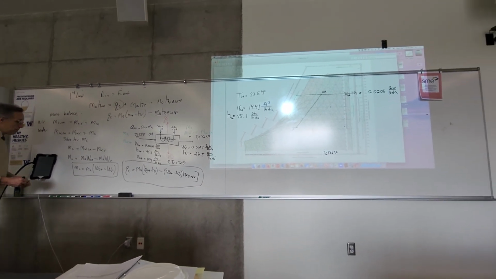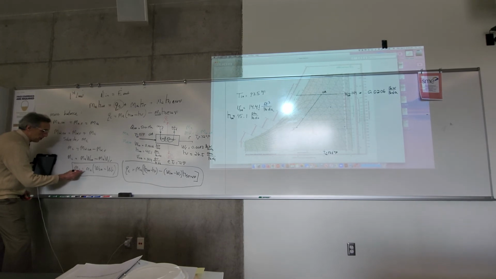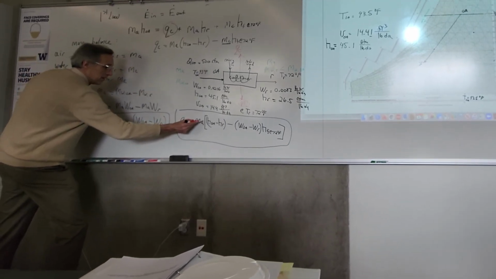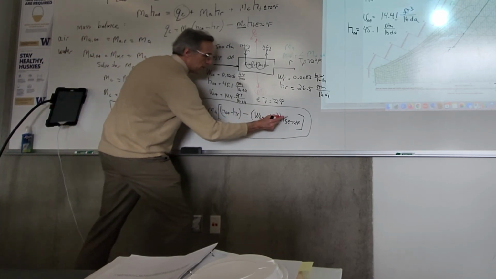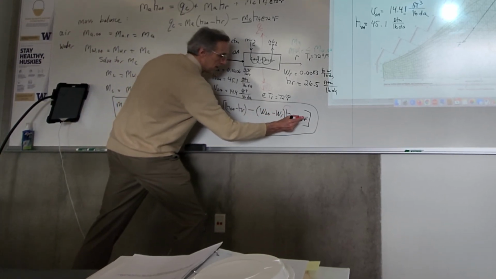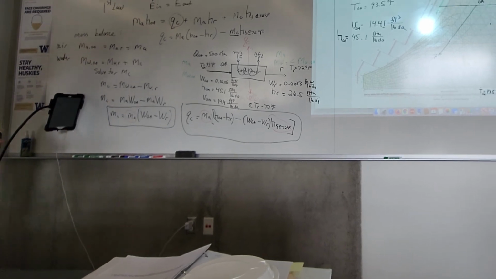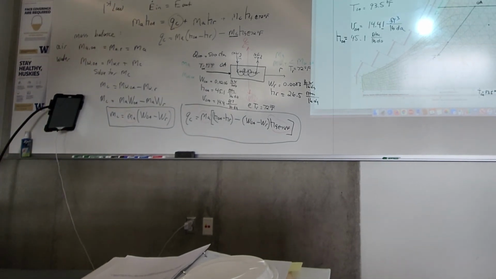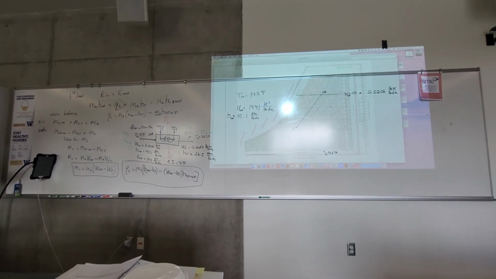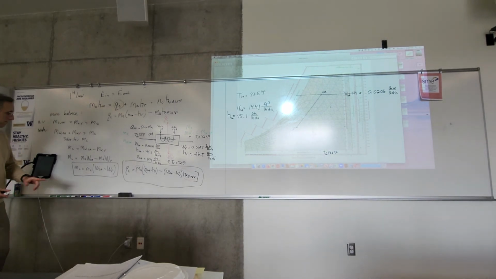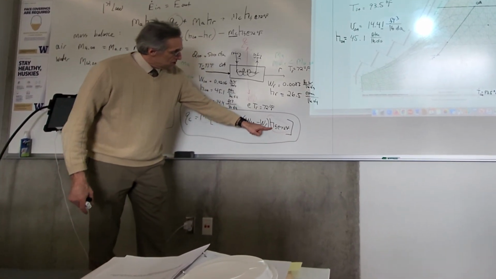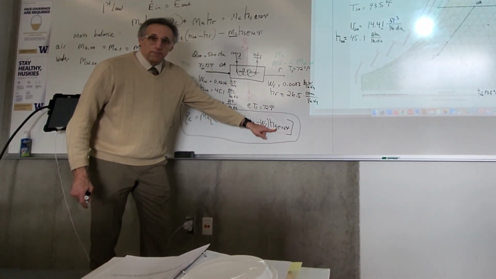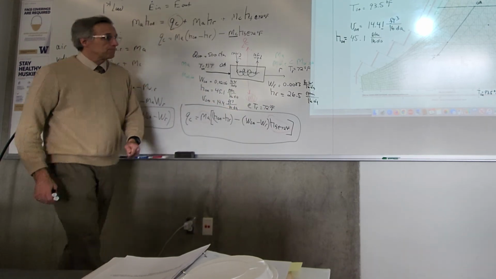Now the property we still don't know, we don't know the mass flow rate of the dry air, and this we can look up. Any idea how we get, yes? Oh, what's that enthalpy term again? The HF at 72 degrees. This is the enthalpy of liquid water at 72 degrees.